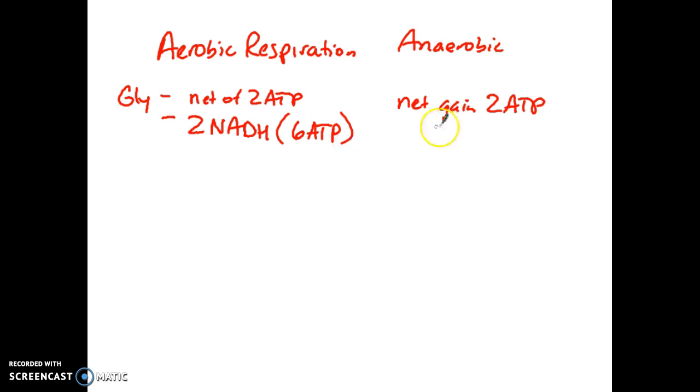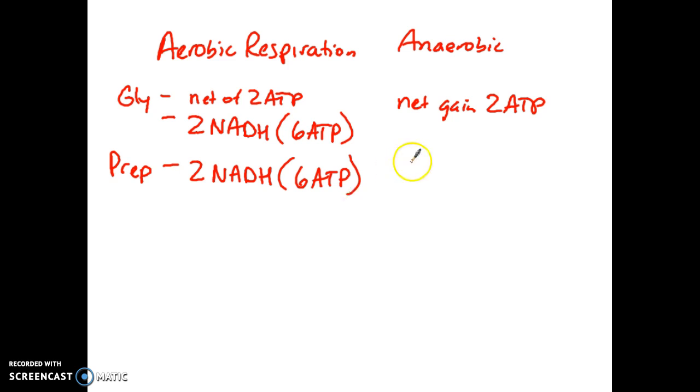We do make NADH over here, but that doesn't go to an electron transport chain, so it never gets turned into ATP, so we can't count that in the energy production of ATP. Then we have the prep stage, where there is no gain of ATP, but what is more important is, once again, 2 NADHs are made, so once again, the possibility of 6 ATP is there.